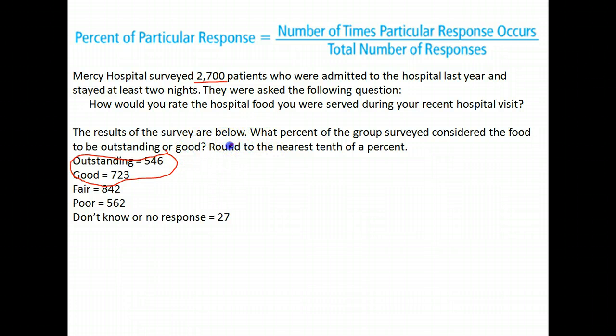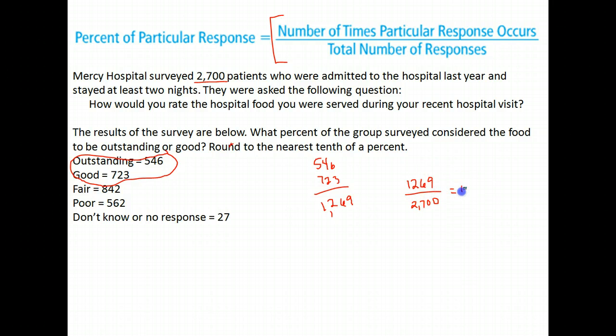So let's total them first so we know how many total said the food was either good or outstanding. So we had 546 and another 723. That gives us a total of 1,269 who thought it was either outstanding or good food. Now, to find our percent, we use our formula up here. We take the total number that responded the way we wanted as good or outstanding, divided by the total number of people who were surveyed, 2,700.